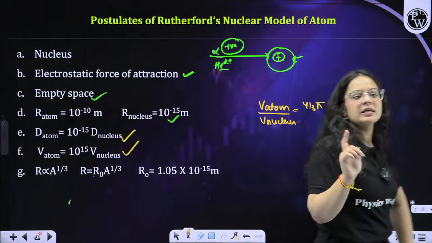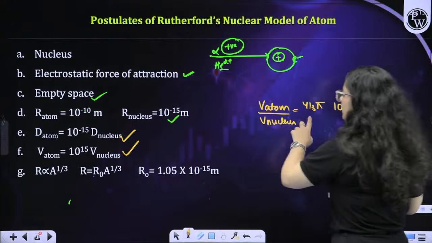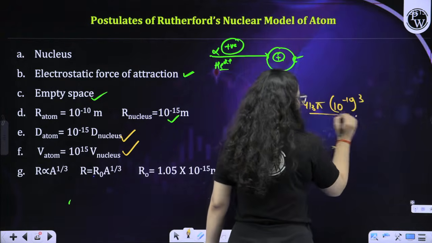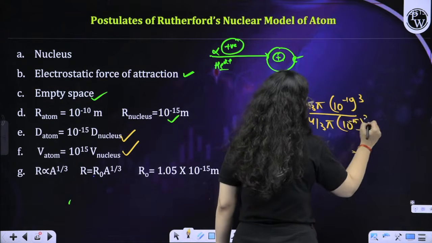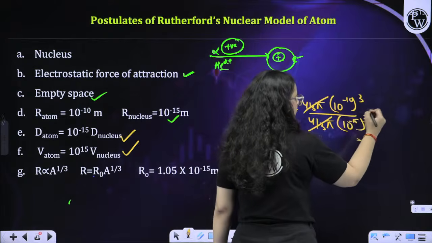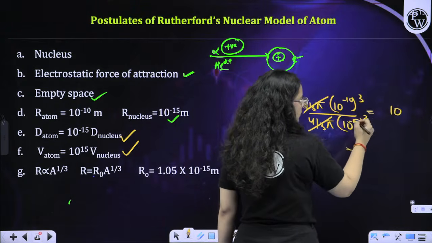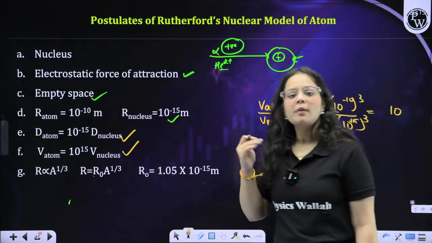There is a radius conclusion from the volume relation. The radius of the atom is 10 raised to the minus 10. We take the cube of it, 4 by 3 pi r cube, and for the nucleus minus 15 cubed. So we can easily solve it. 10 raised to the power plus 5, we are just taking the volume relations from the radius relation.